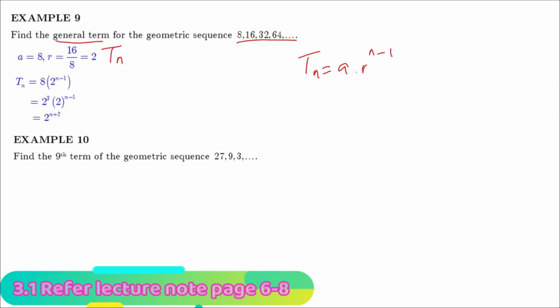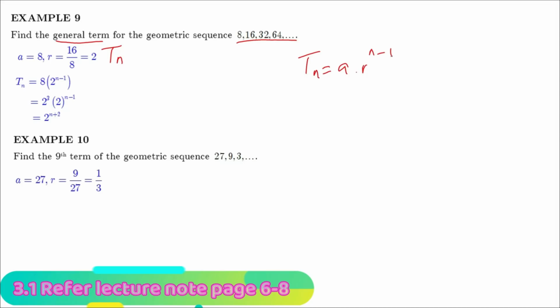For example 10, we have to find the ninth term of the GS 27, 9, 3, and so on. So this is definitely a descending order. So here A is 27 and R is 1 over 3.